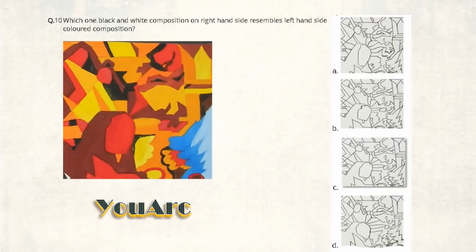Which black and white combination on the right-hand side resembles the color combination on the left-hand side? Here they have given us the color combination and are asking us to match the right black and white combination. Let's see the first image. Let's take this particular dominating character, the dominating face here. See here, it is not the same shape, right?